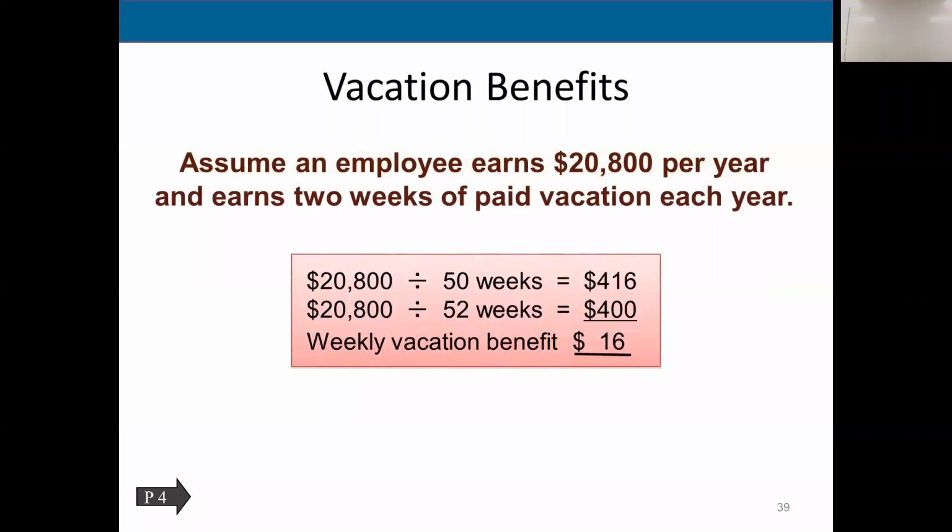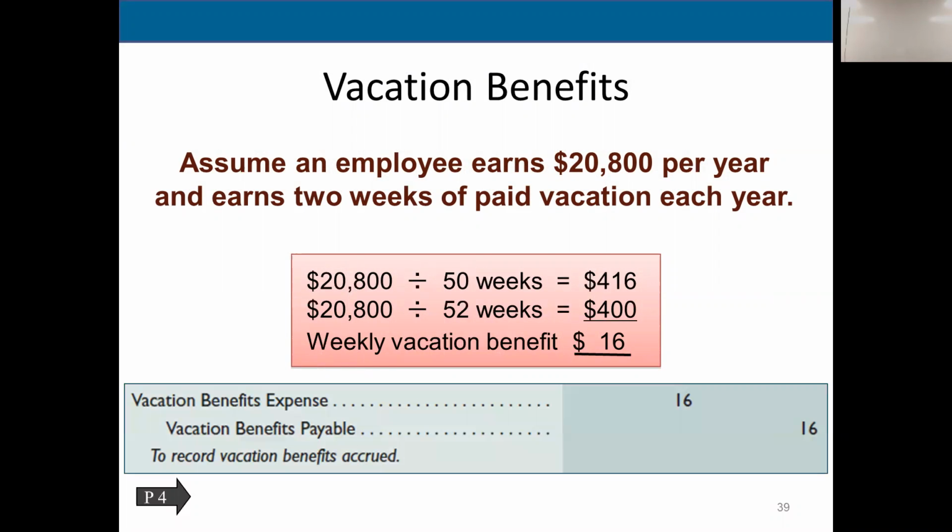Vacation benefits. Say you earn $20,800 per year, and you get 2 weeks of paid vacation per year. What's the amount of your weekly vacation benefit? $16.